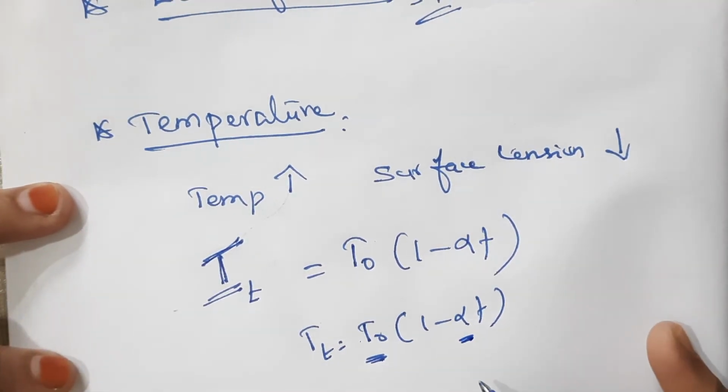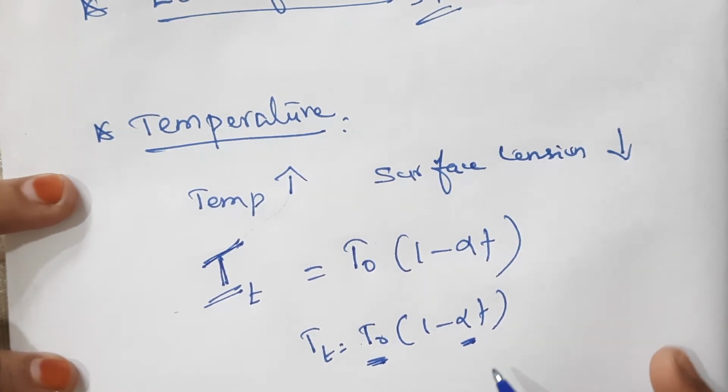Alpha is known as the temperature coefficient of surface tension.